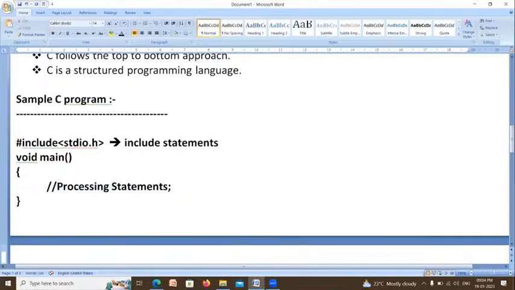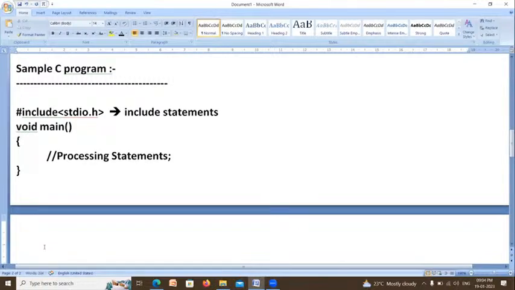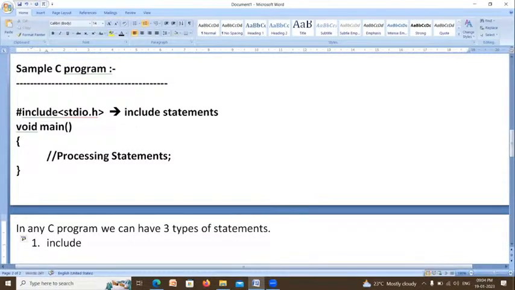Right. Now tell me what I explained. In any C program, we can have three types of statements. What are those? First one is include statements. Second one is main method.